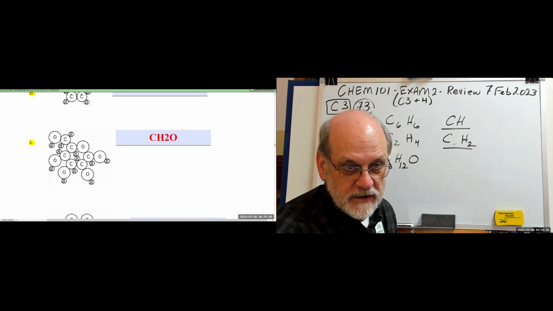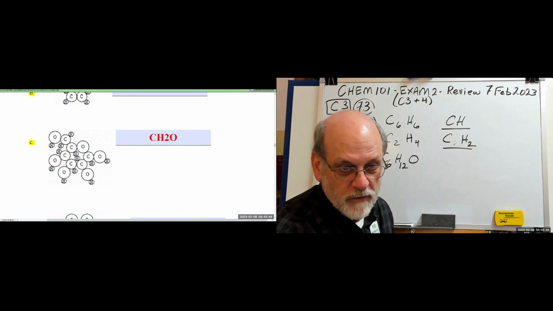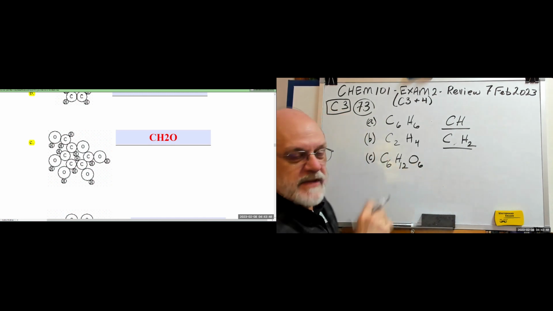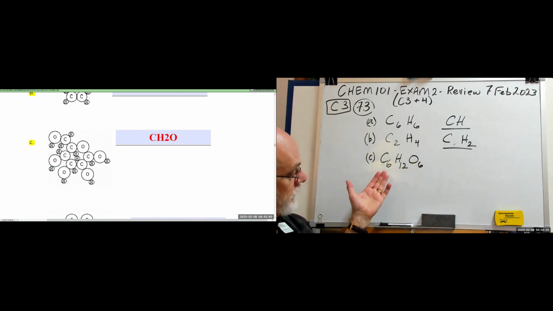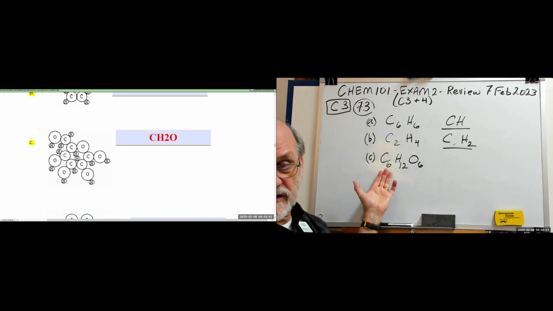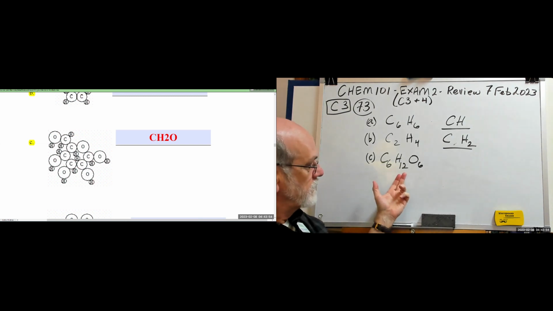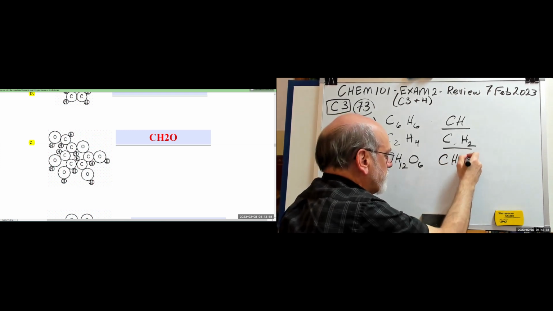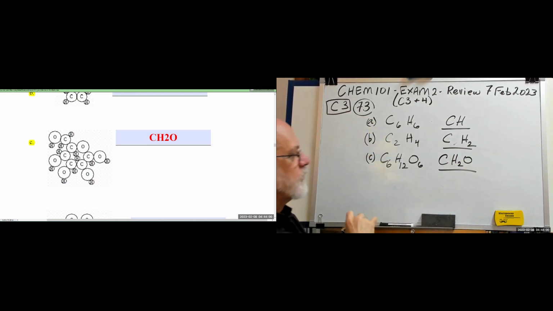And oxygens. There's an oxygen. 1, 2, 3, 4, 5, 6. All right. The simplest whole number ratio says that we would divide through by 6. That would give you 1, 2, 1.